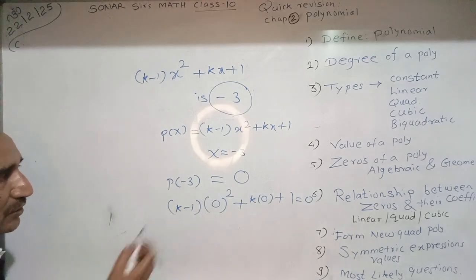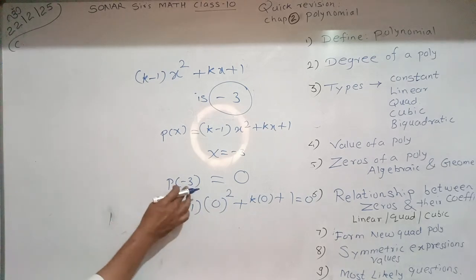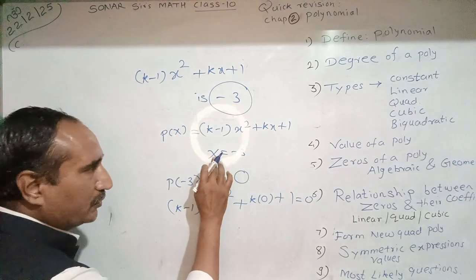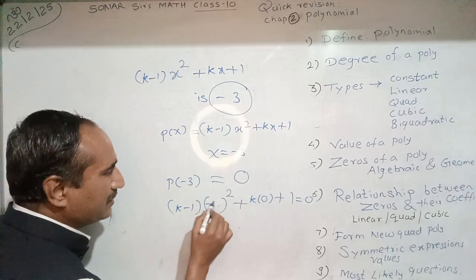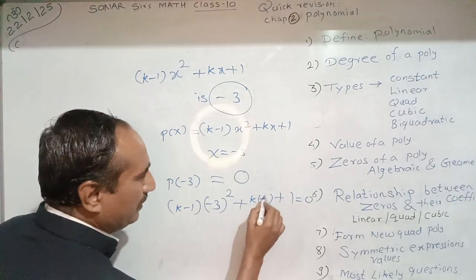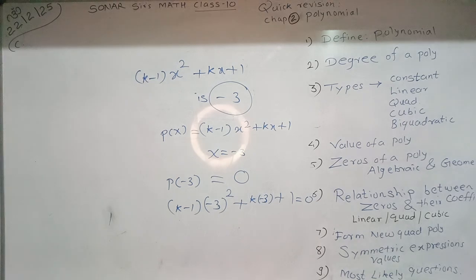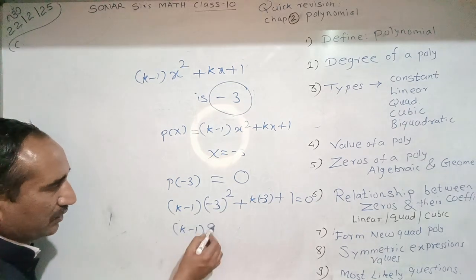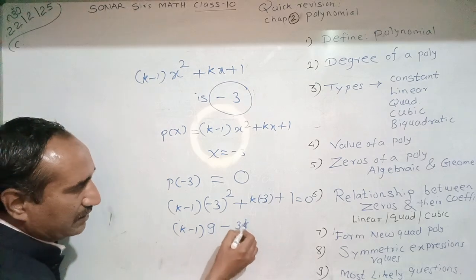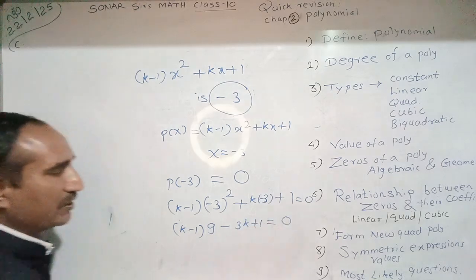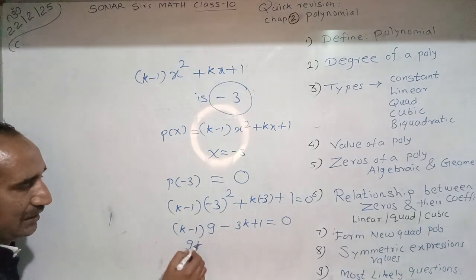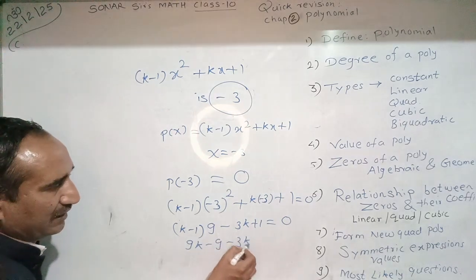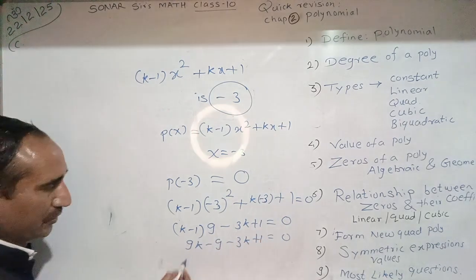So p of minus 3 equals 0. We're going to put x equals minus 3 here, so everywhere we have to replace x by minus 3. Minus 3 square is 9, so (k minus 1) into 9, minus 3k plus 1 equals 0. 9k minus 9 minus 3k plus 1 equals 0.